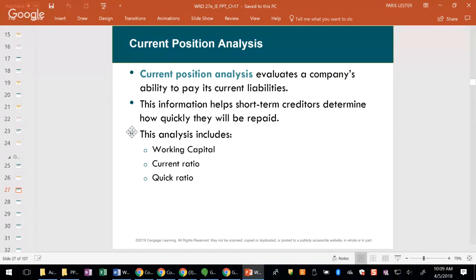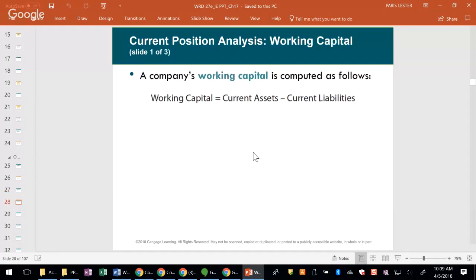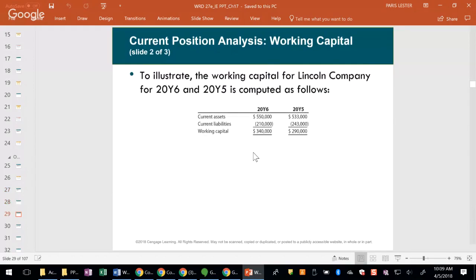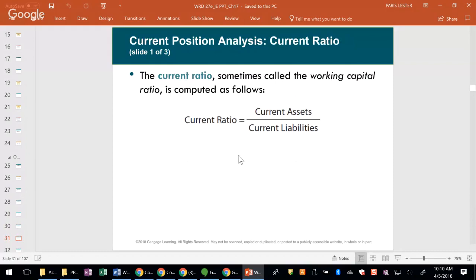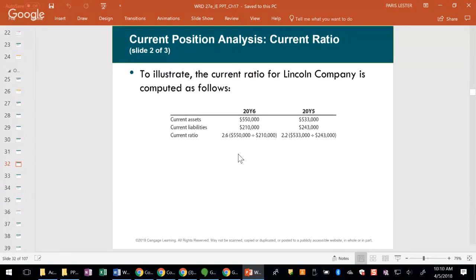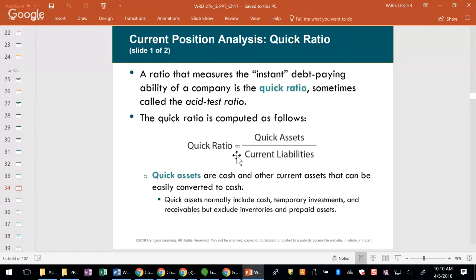Sometimes some books take out prepaid items also, but we'll see what this book does. So you can have these formulas copied. Here's your formula for the current ratio. Here's the quick asset formula.